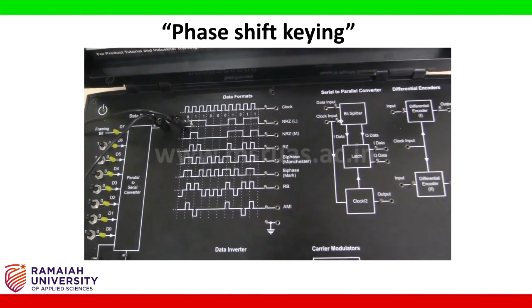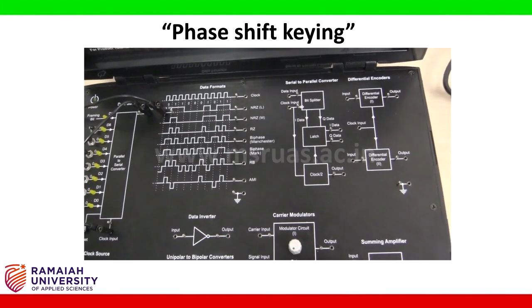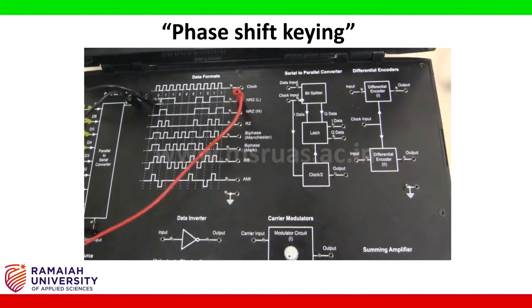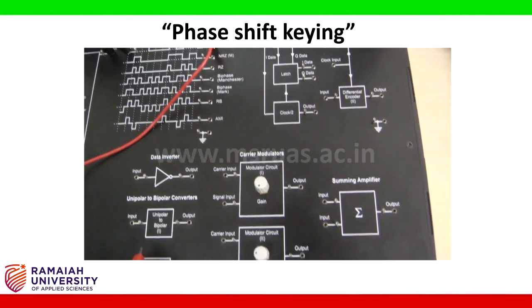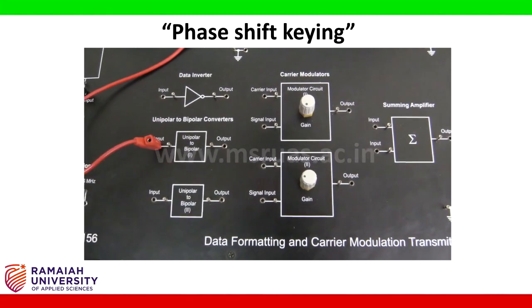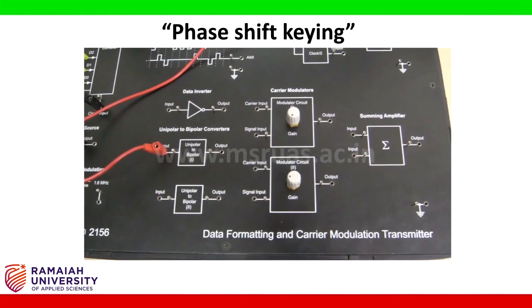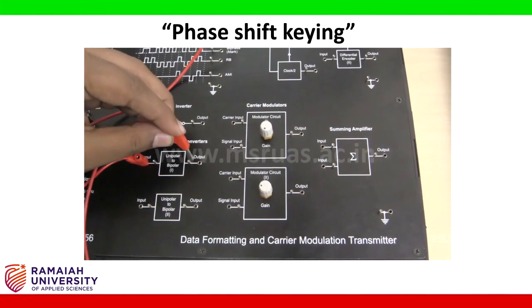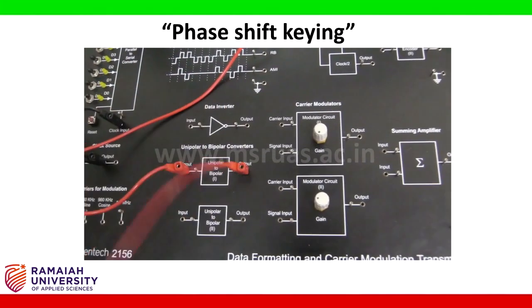Then I am connecting NRZL low to unipolar bipolar input, unipolar to the bipolar. Then output of the unipolar bipolar to the signal input.